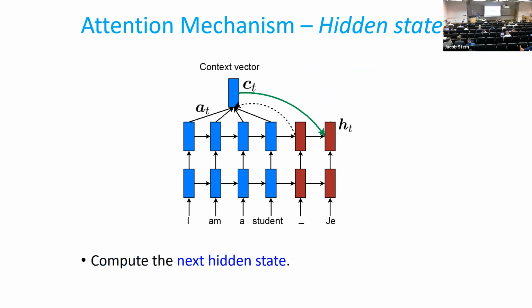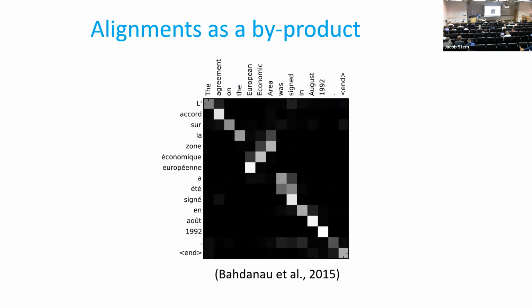Okay, so we then take this context vector, use it to predict the next hidden state, and so on. Now this is what we will call an attention matrix. Here we have a translation task, and we're translating from French to English. The colors in this attention matrix correspond to the magnitude of attention weights between the token we are predicting and each of the tokens that preceded it.